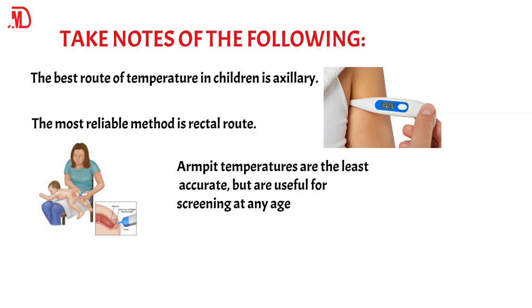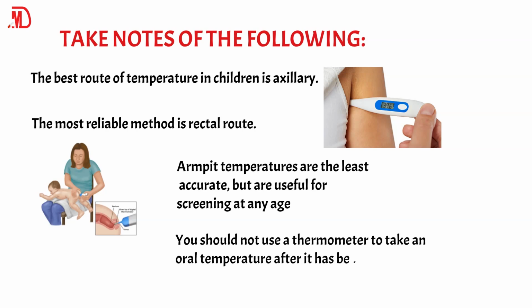And probably because of how comfortable and convenient it is, it is widely used more than the rectal route. You should not use a thermometer to take an oral temperature after it has been used to take a rectal temperature.